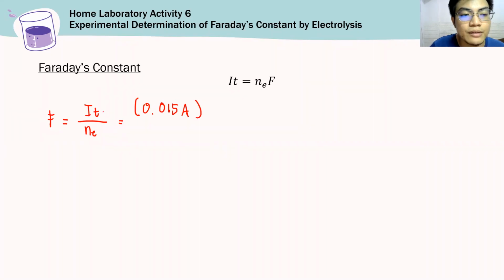And then for the time, it's in seconds. So 45 minutes is 2,700 seconds. So 45 minutes, you have 1 minute, 60 seconds here. So this will give you 2,700 seconds.